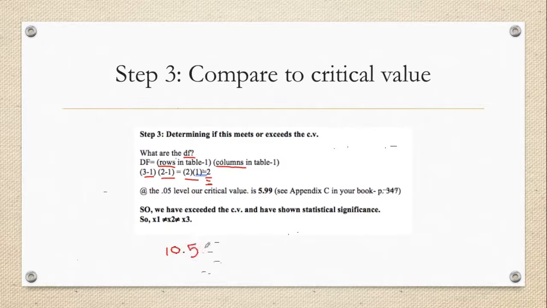Sorry for my terrible handwriting, which looks kind of like a young child has just written this. We are comparing that to this number right here, which is 5.99. Again, sorry for messing up that number. So, when we have exceeded that critical value, we have shown a level of statistical significance, which means we can reject the null hypothesis that we started with, which is the null hypothesis of statistical independence.